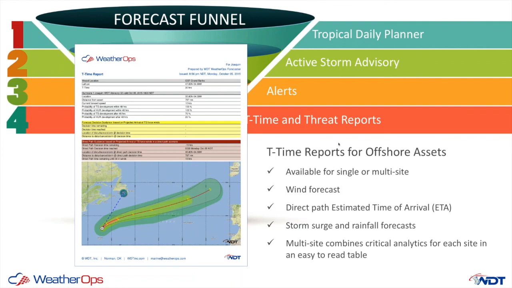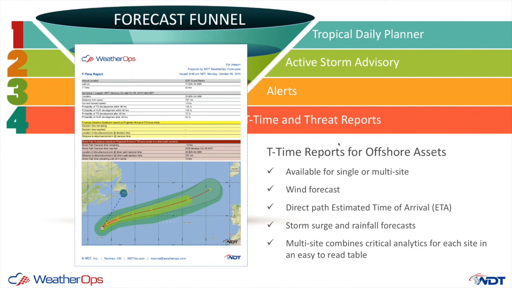As we drill down further into the funnel, we have developed some really nice guidance tools that allow the operator to base decisions on how far the storm is and what the effects will be at their location. One of these is called the Tea Time Report. It was really designed for an offshore asset, but is actually used both onshore and offshore.